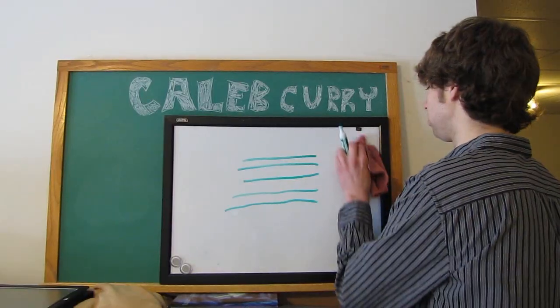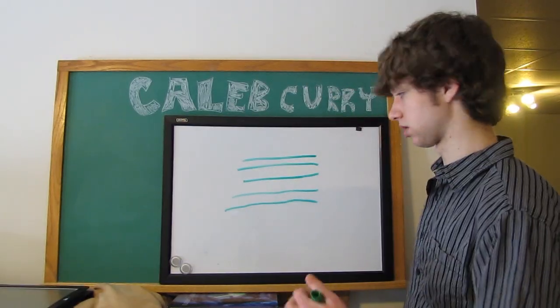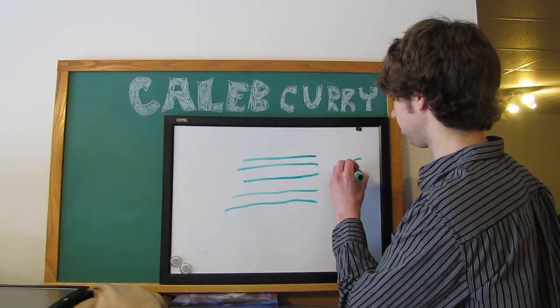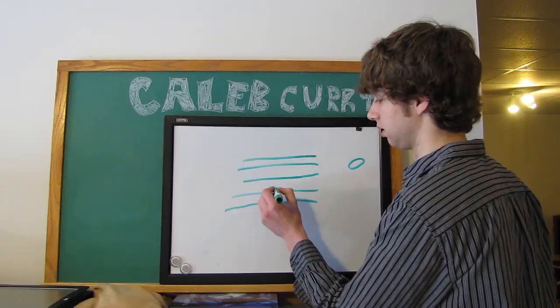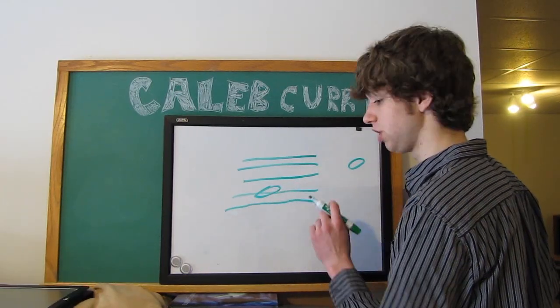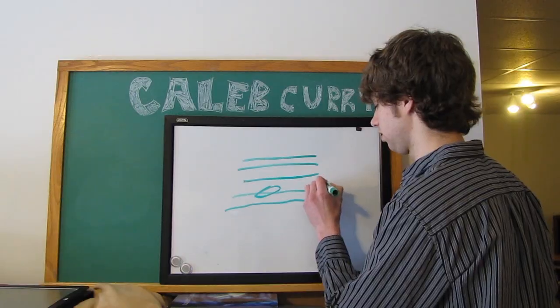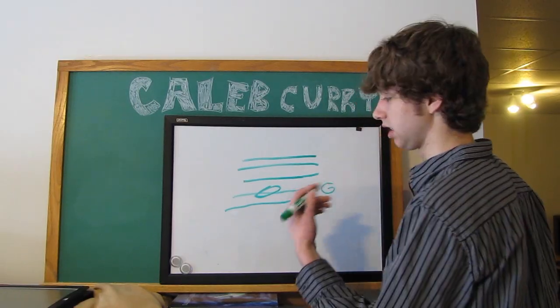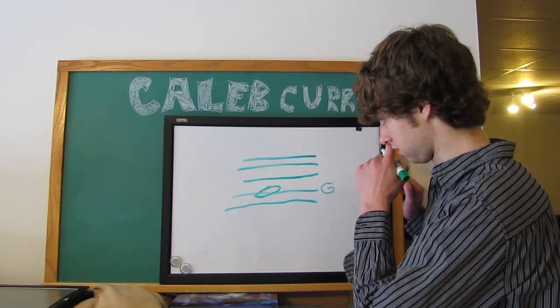That's a note. We can represent pitches with just a circle. That's a G, because that's the pitch I assign to this line. So this is a G, and each line and each space represents a different pitch.